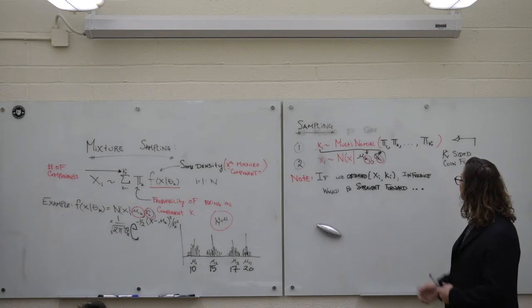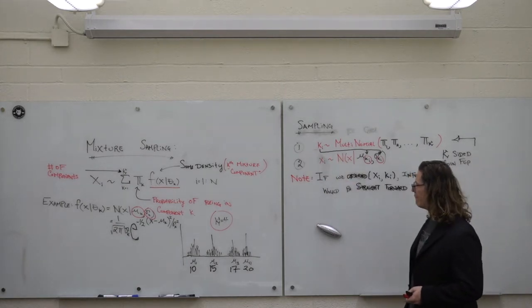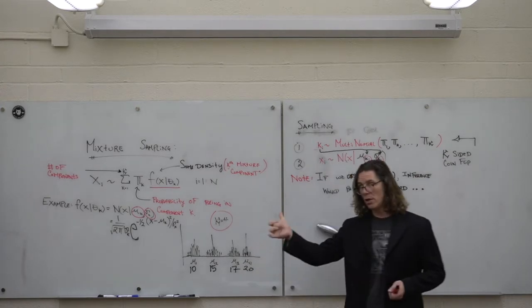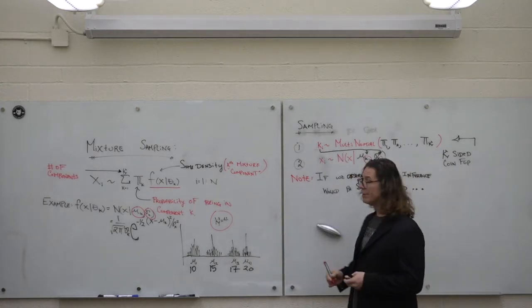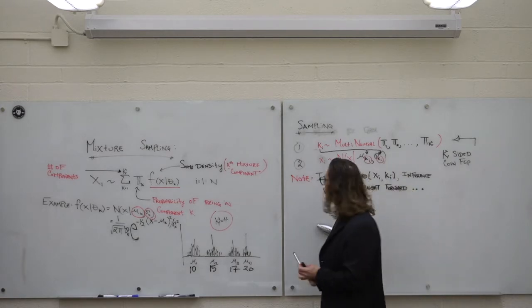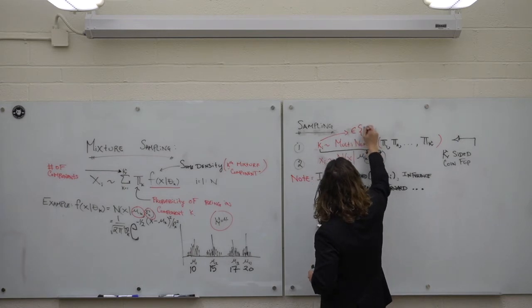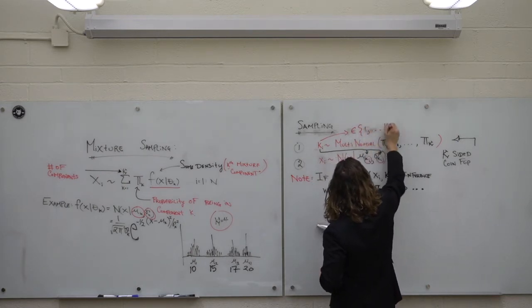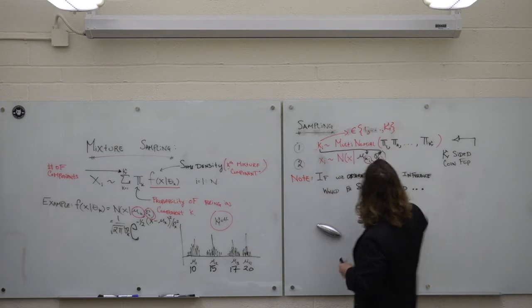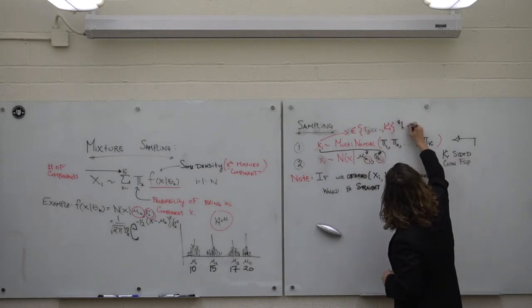So I flip the coin, and then once I have k, one of the sides, so if it were a 4-sided coin, I flip it and I'm going to see a number that's between 1 and cap K, 1 and 4. So let me just write that down. This is an element of 1 to cap K. They're just labels.